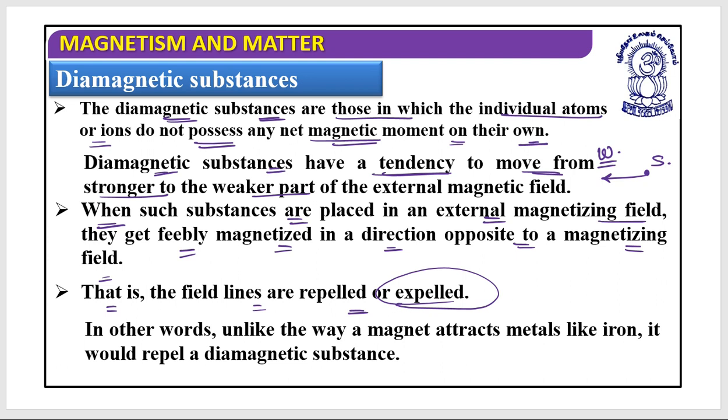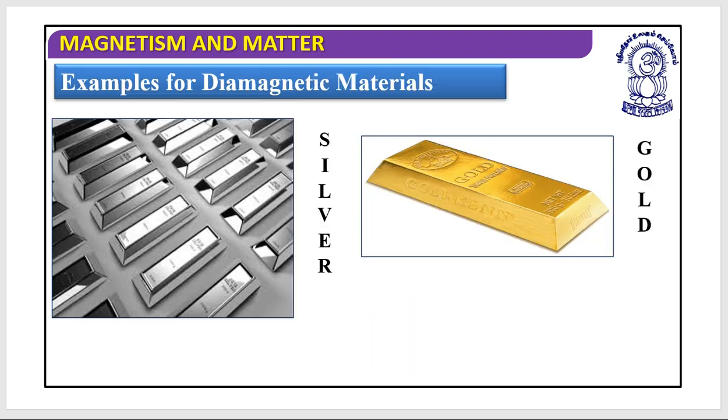In other words, unlike the way a magnet attracts metals like iron, a magnet would repel diamagnetic substances. I hope this is enough to understand this. Let's look at examples of diamagnetic substances.